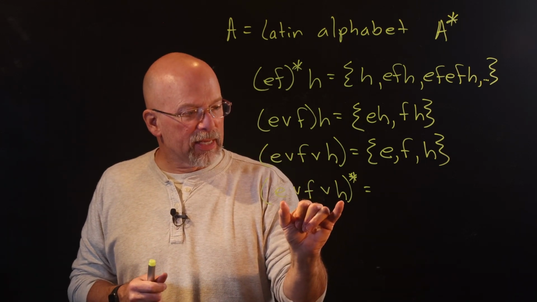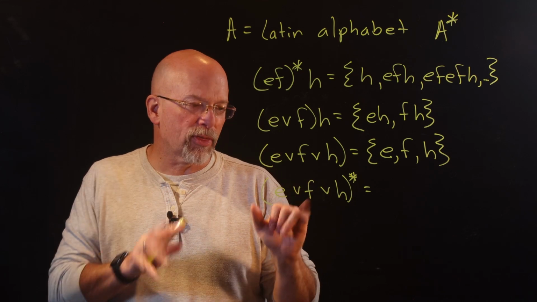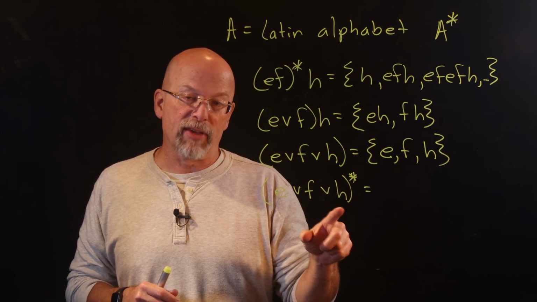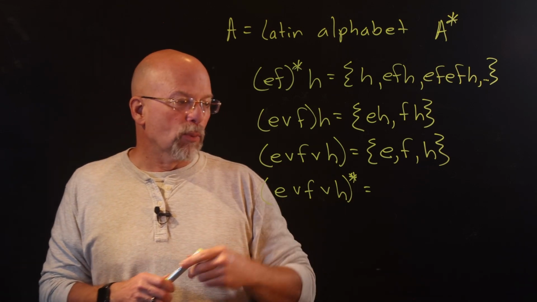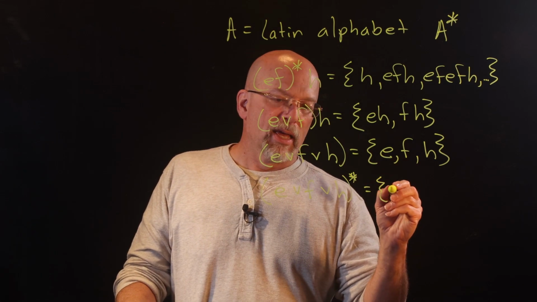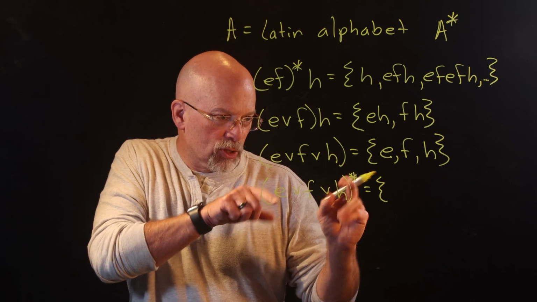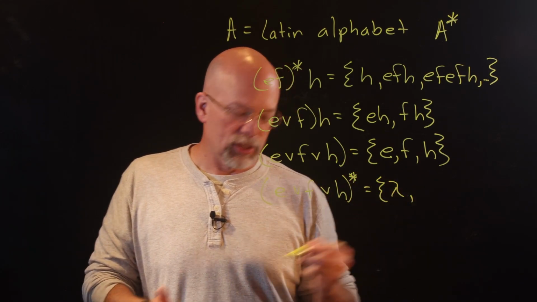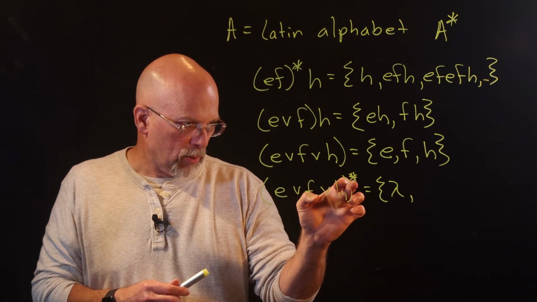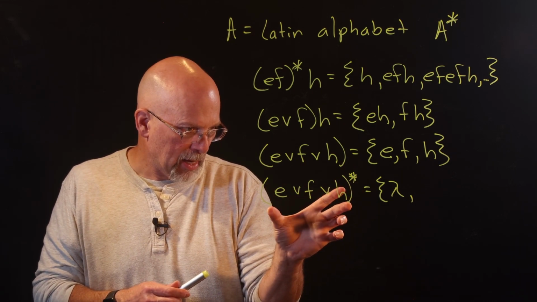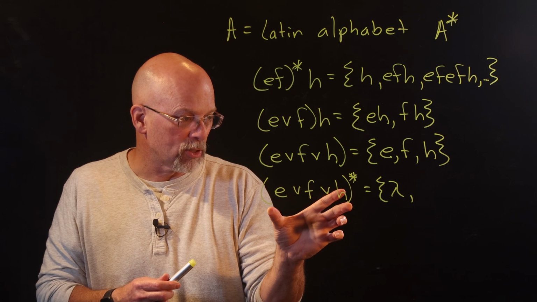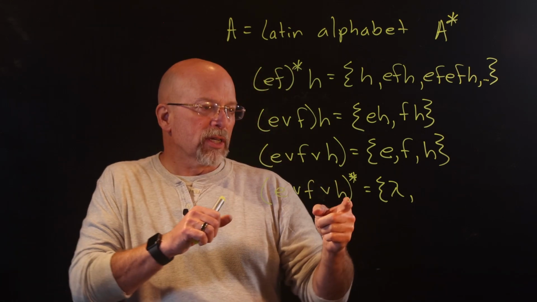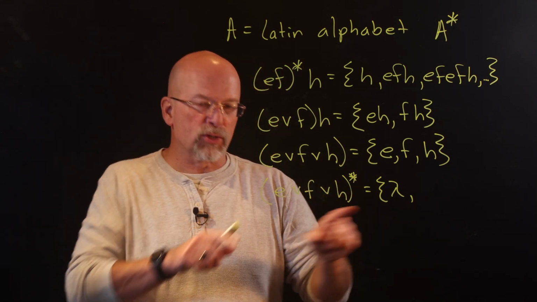Now, this really is the same sort of thing, except what we've done is we've reduced our alphabet down to E, F, and H. And so really, since we have the star applied to parentheses, it includes the empty string. So the star says all the possible combinations, including the empty string, of everything inside of those parentheses right there. And then what you're doing is you're saying any combination of this regular expression.